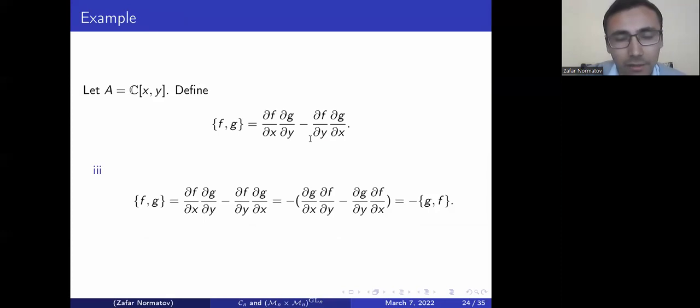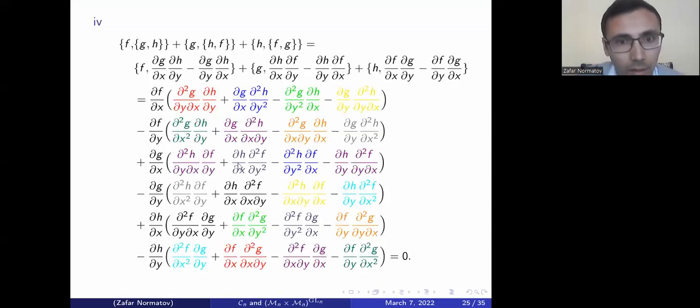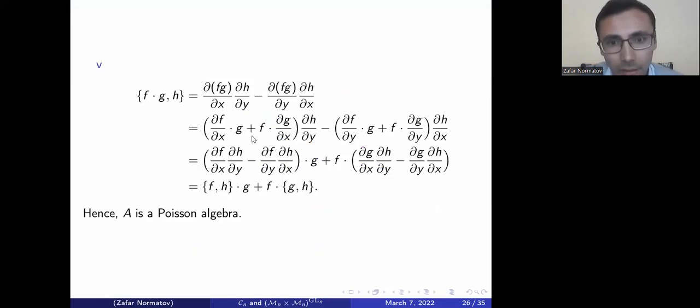We now check that this satisfies the last 3 conditions. Here the third condition is also true. Here the fourth condition is true, and the last condition here. Hence, A is a Poisson algebra.